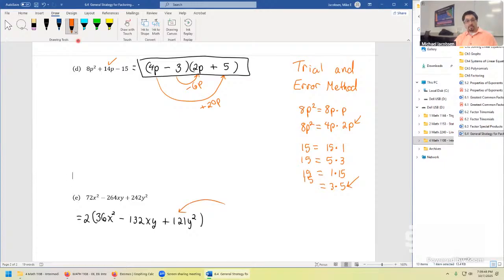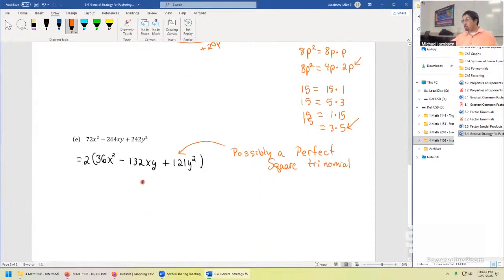So we're hoping that this is possibly a perfect square trinomial. I say possibly because if that number is wrong, if it's something different, it could throw out the whole pattern. So we do have to check if it's actually going to work.